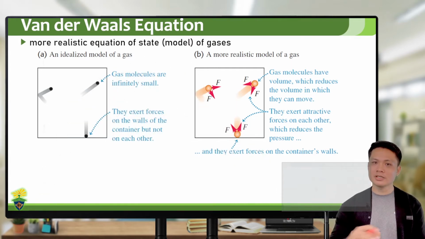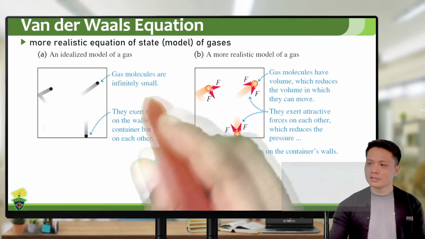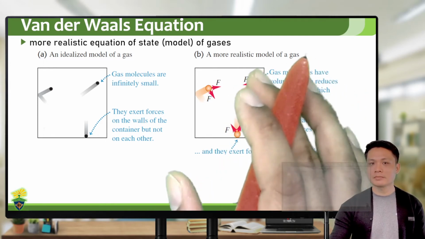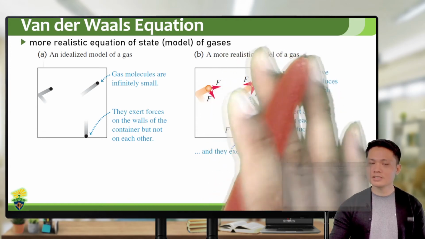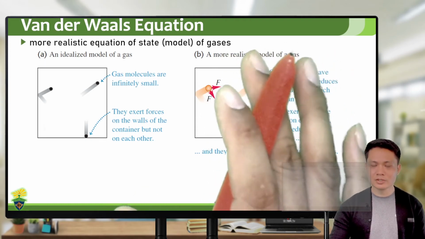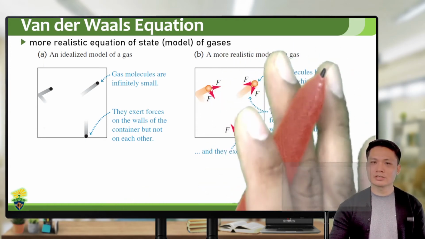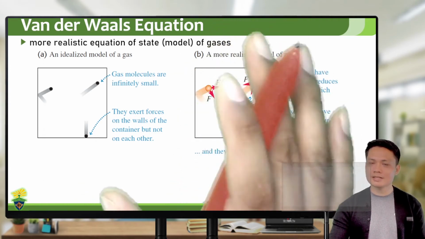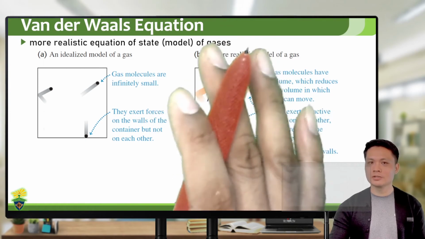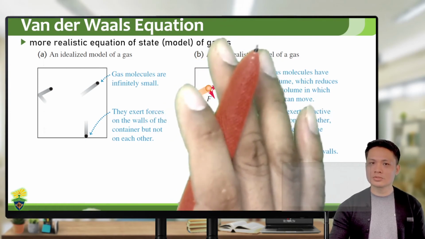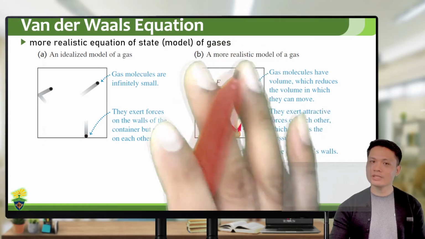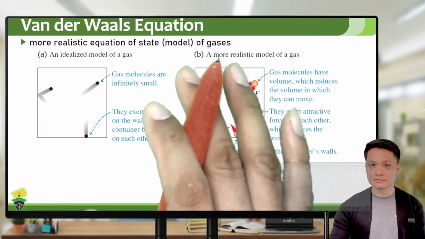However, for a more realistic situation, gas particles do carry their own volume. These gas molecules have volume. And the more you put these realistic gas molecules inside a volume, this will reduce the amount of space or volume where these gases can move around.